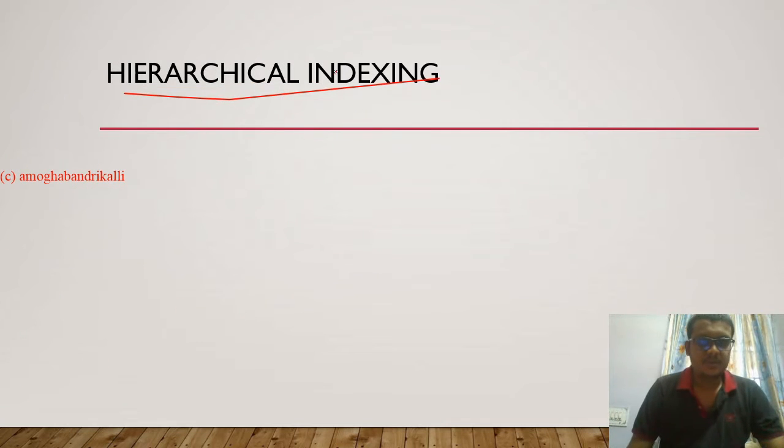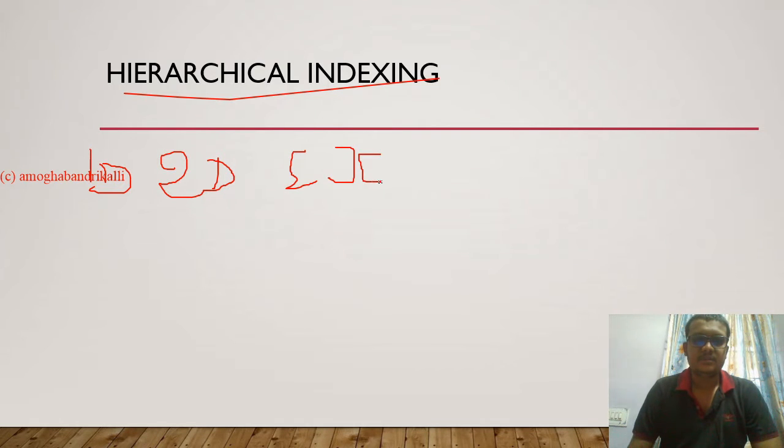So today we are going to start with hierarchical indexing. Till now we have only seen 1D, 2D format. Now we are going to access multi-dimensional data. Multi-dimensional means you will have more rows and columns.